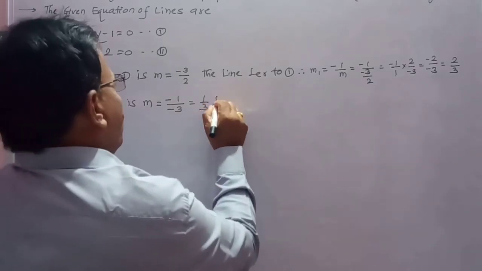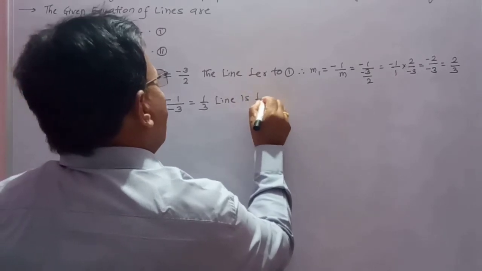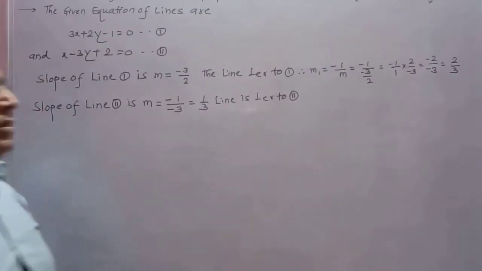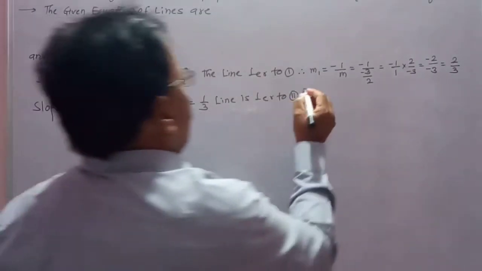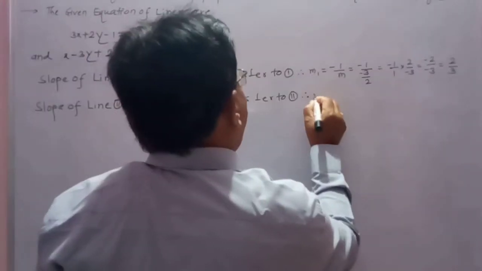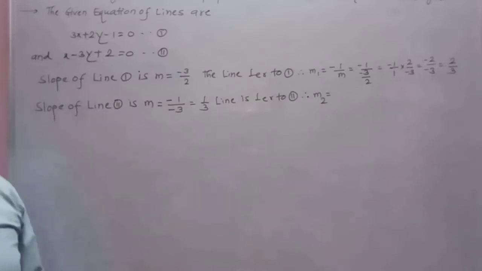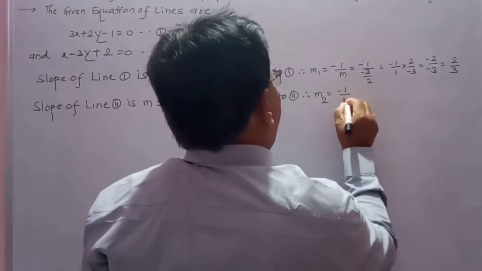The line perpendicular to the second has slope m2 equal to minus 1 by m.